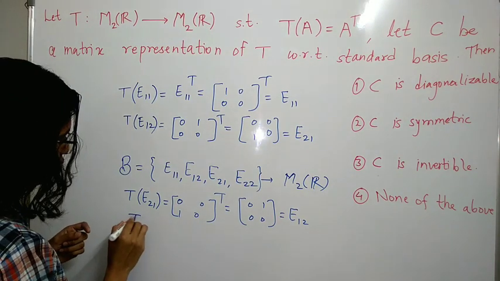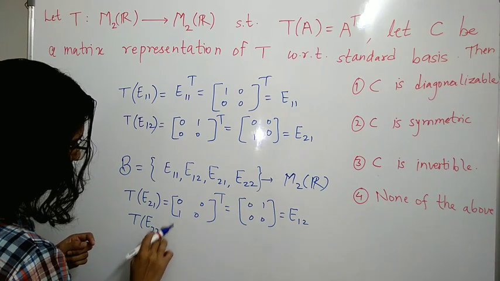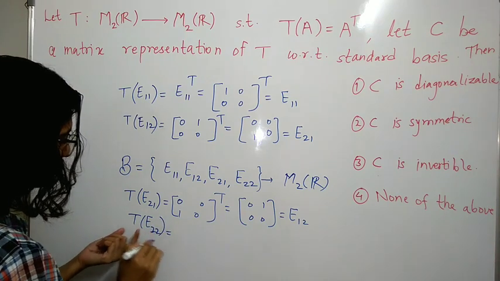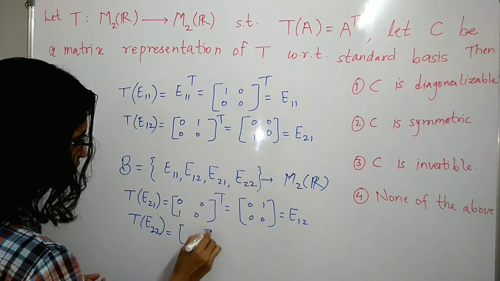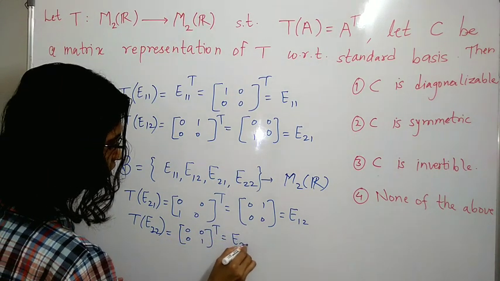Now T of E22 is the transpose of [0 0; 0 1], which is itself.